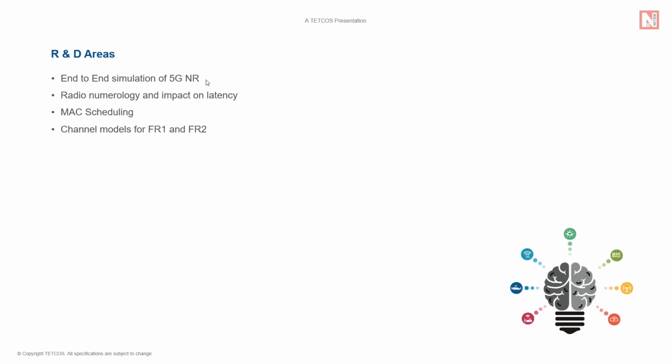Then radio numerology mu: by varying mu, what is its impact on latency? As we had seen in the first slide, one of the goals of 5G is to ensure that latency is always less than 1 millisecond. So you can do a lot of research on latency and how numerology impacts latency.